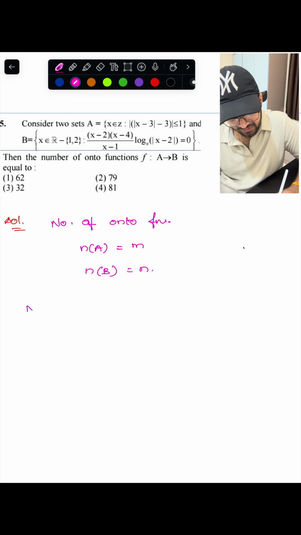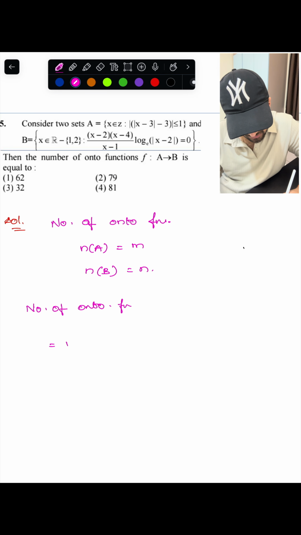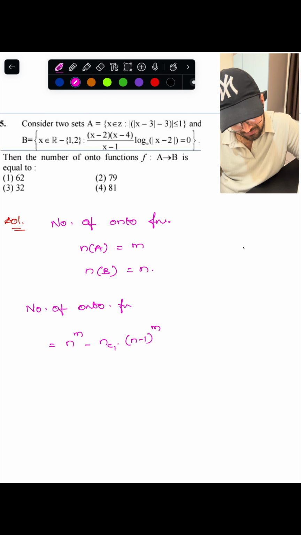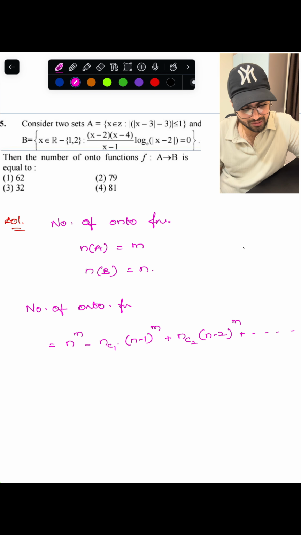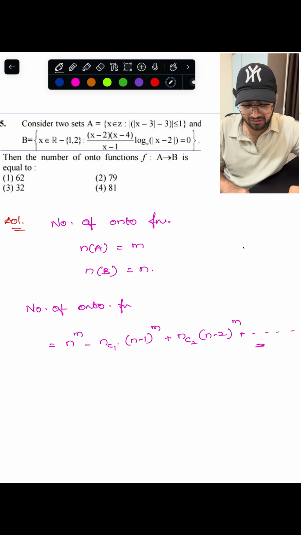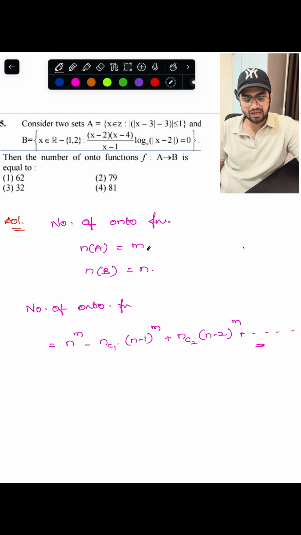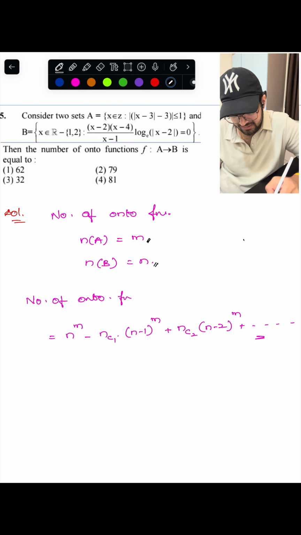Now the number of onto functions equals n^m minus nC1 times (n-1)^m plus nC2 times (n-2)^m plus, and so on. You can write it as this one. So this is the formula for the number of onto functions. So first of all, we need to calculate the number of elements in A and the number of elements in B. Let's calculate that. The sets are already given.